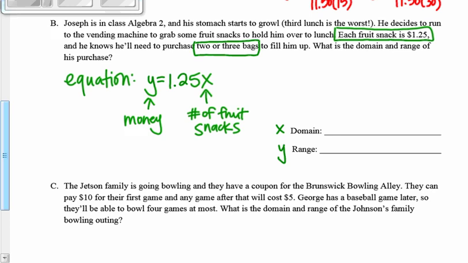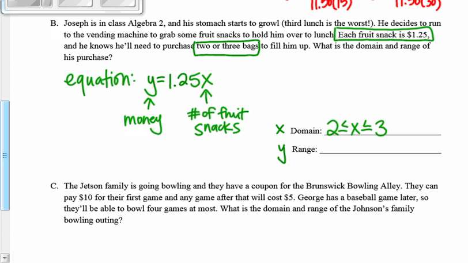For the domain, the very fewest number of bags would be 2. We're going to use x, and remember, I did use that equal to component because 2 is a possibility. The maximum number of bags that Joseph would purchase would be 3.